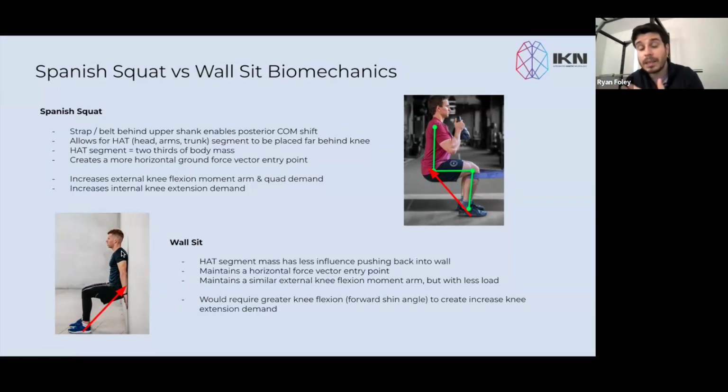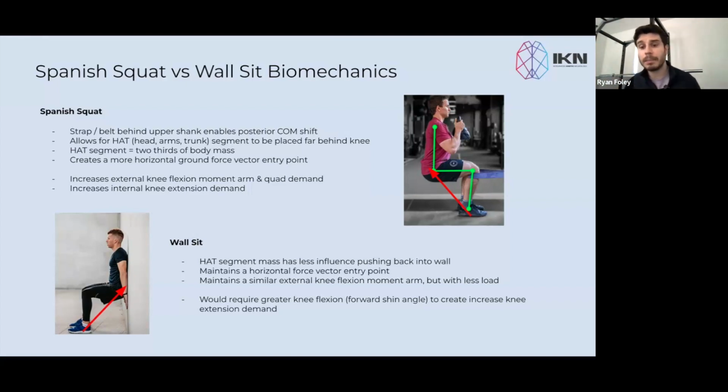But the key difference here is that the head, arms, and trunk, the center of mass, is stabilized against the wall. And what this does is reduce that downward pulling action of the head, arms, and trunk to pull the femur down to create more knee flexion. That's not happening in a wall sit, okay? So you're not getting that extra demand on the knee extensors there.